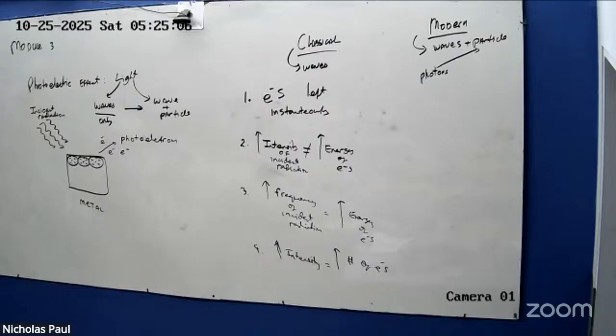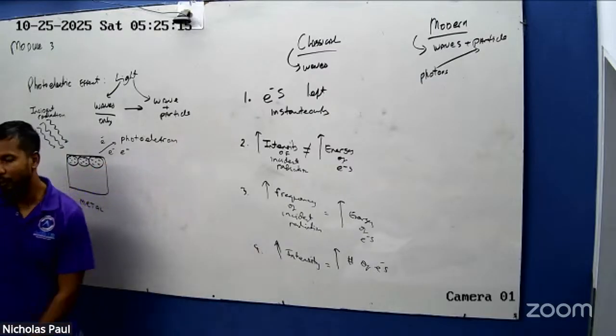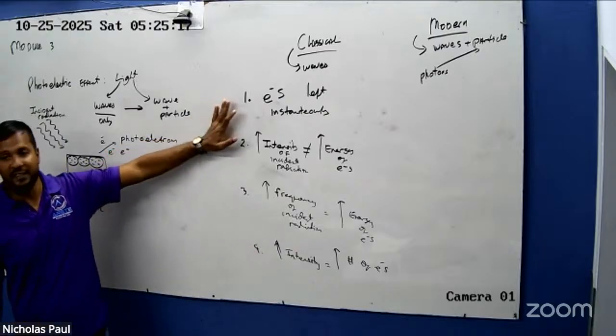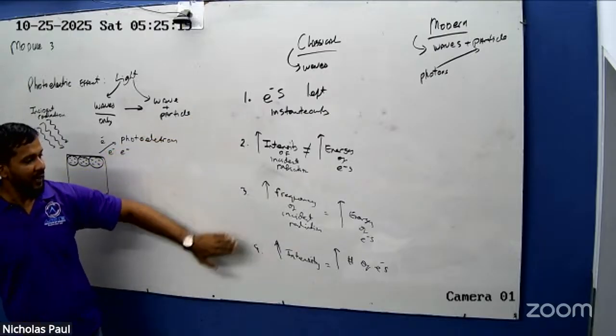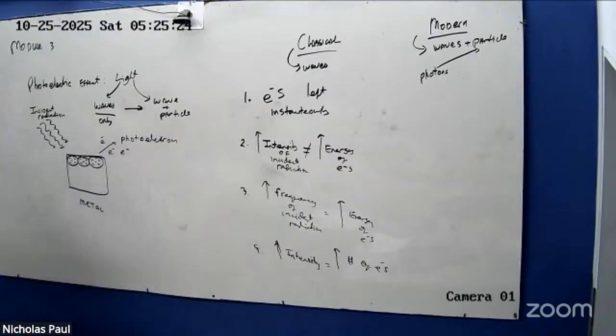It gave us what happened, but it never gave us what they expected. Anyway, it's in the handout. These are the things that they couldn't explain. So classical physics couldn't explain those four things.